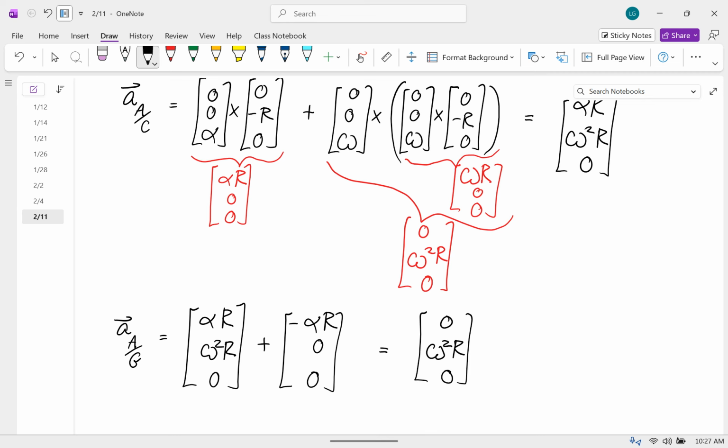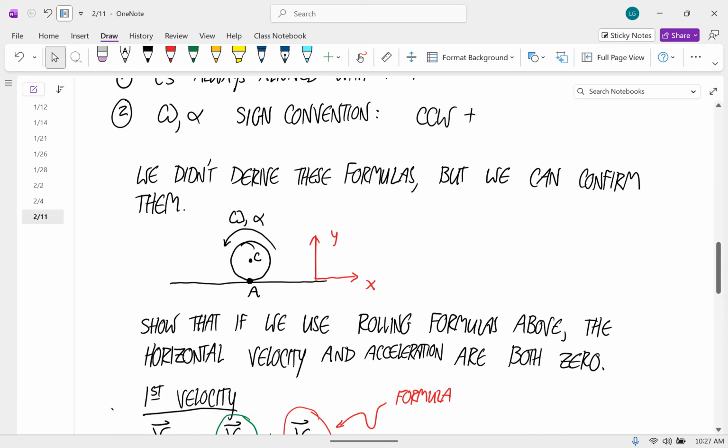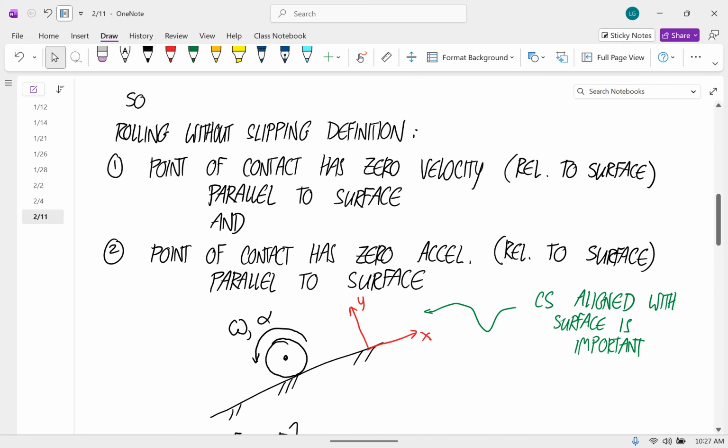So this one might be a little different than you expect at first glance. Remember, the velocity vector we got for that contact point was totally 0 everywhere. This one has a y component. But remember, from our definition, what does it mean to slip? Slipping means that there's an acceleration parallel to the surface.